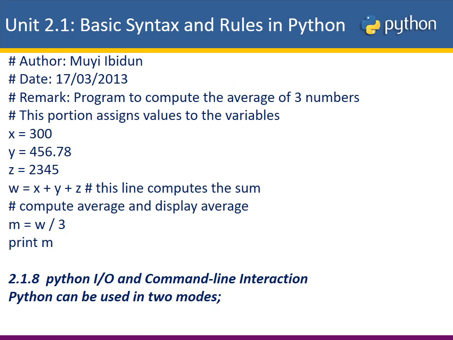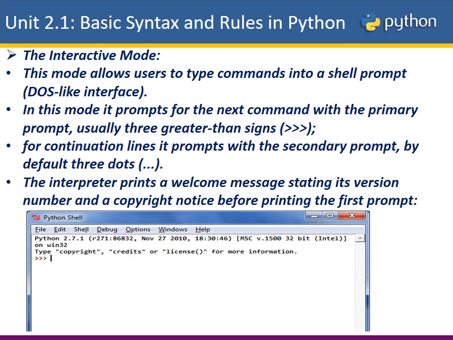Another thing we'll be looking at is Python input and output and command line interaction. So we'll be looking at the input, IO, and command line interaction. That is the two types of mode that we have in Python: we have the interactive mode and we have the normal mode.